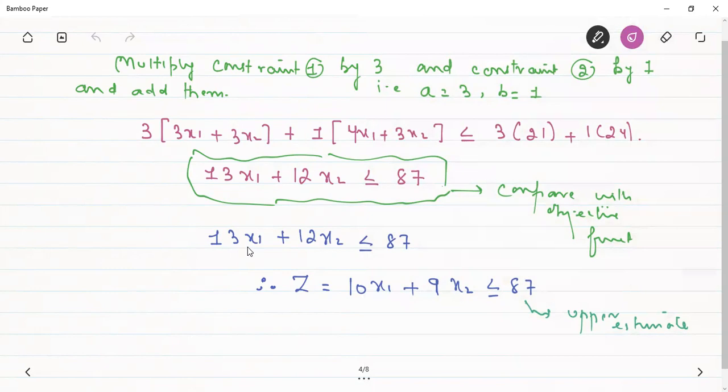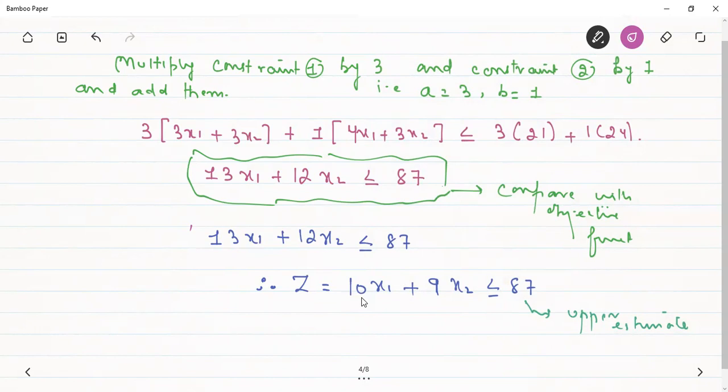So this 13 has been obtained by multiplying the first by 3 and the second by 1, and adding the coefficients of x1. What I am trying to do here is get this inequality close to the objective function. Therefore, this 13, I am trying to bring it close to 10, but not less than 10.